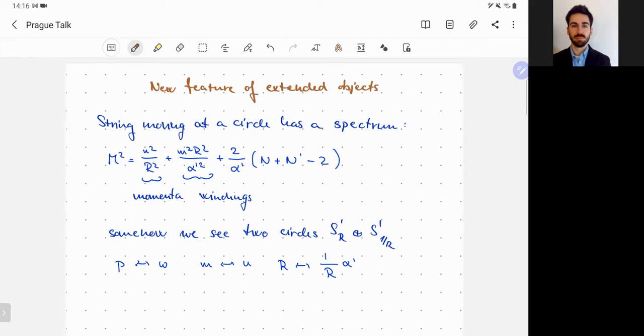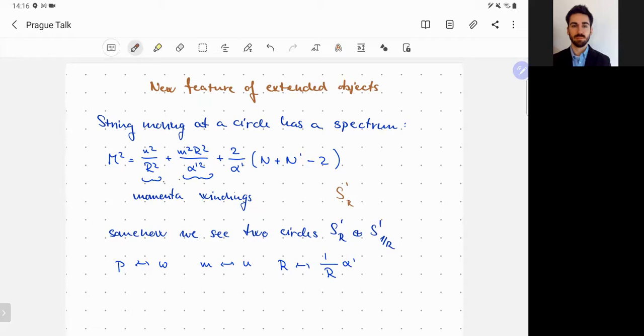This is in particular for the target being S^1_R, a circle of radius R. We notice that these two terms are actually quite similar, and if we were on the circle of radius 1/R rather than R, and switched what the momenta and winding mean, then the spectrum would be invariant.